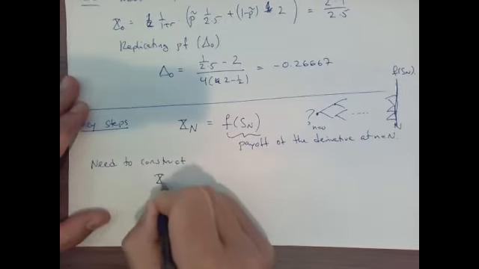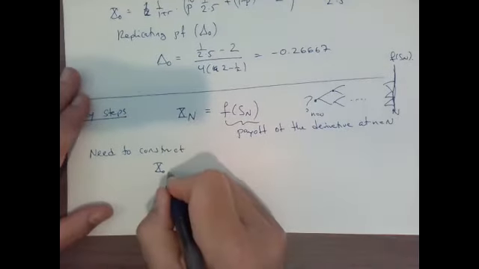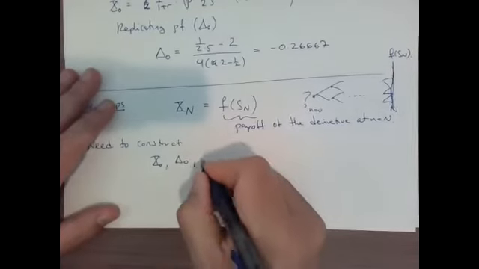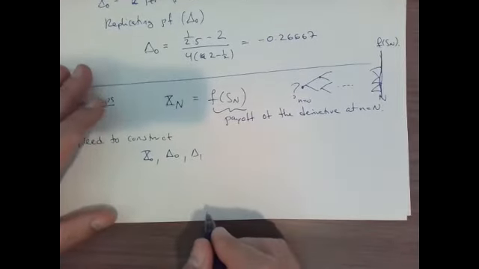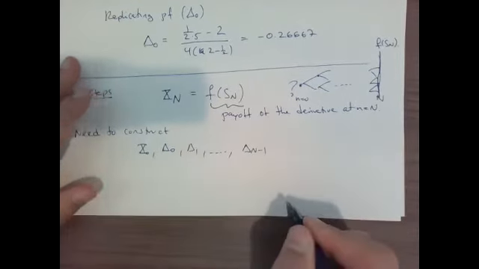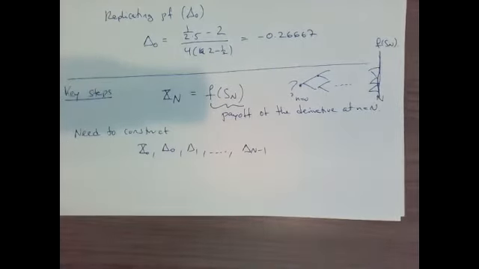We're going to construct the initial wealth, and we're going to construct the initial stock holdings. Then we're going to construct the holdings in the stock at time 1, all the way up to time n-1. So it's our job to create these.